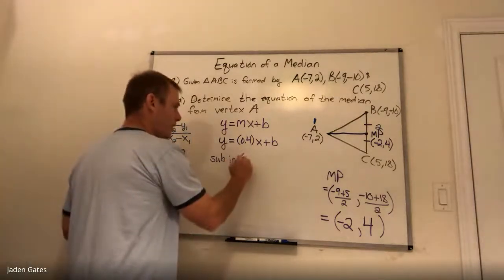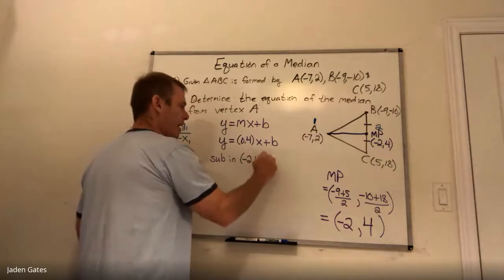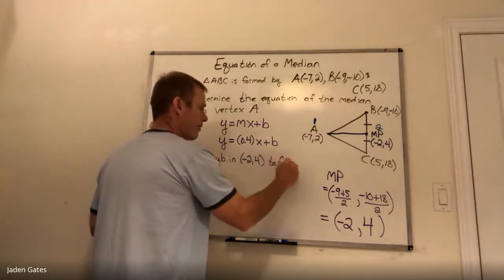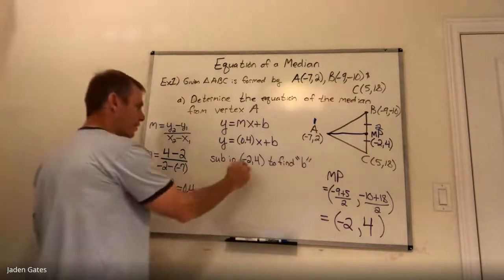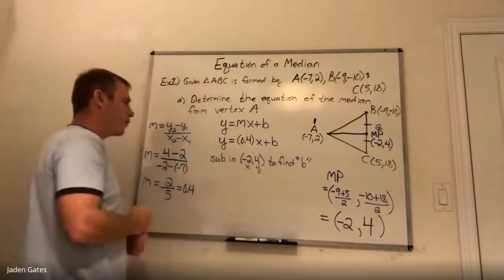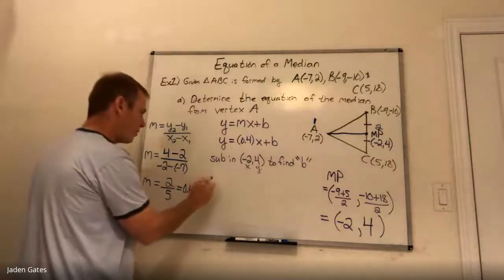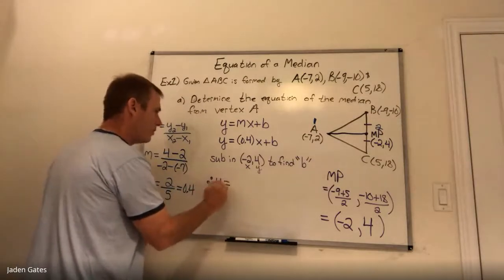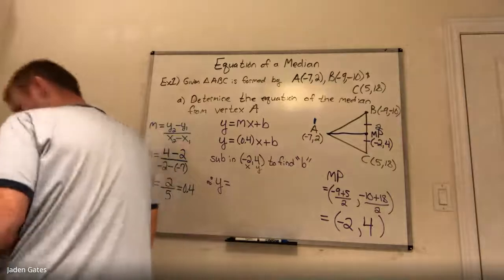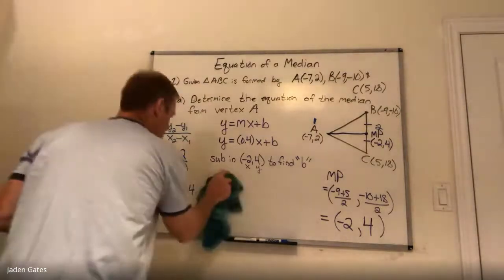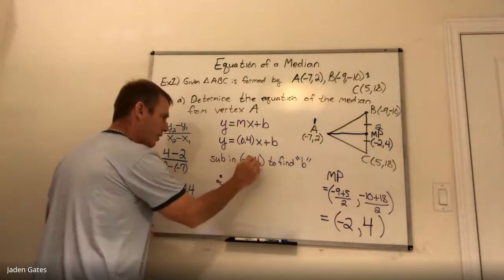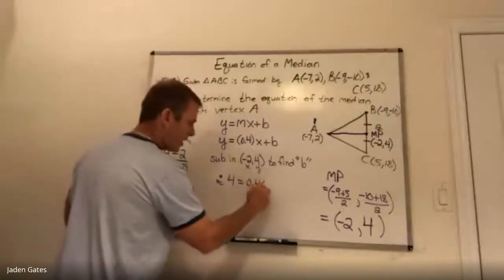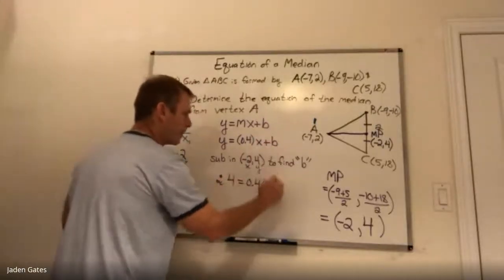So I'm going to sub in the point -2, 4 to find b. So I sub my values in. Again, the first one's the x, the second one's your y. I already know y, I want to know what b equals. So therefore, my y value is 4 equals 0.4 times x, which is -2, plus the b.